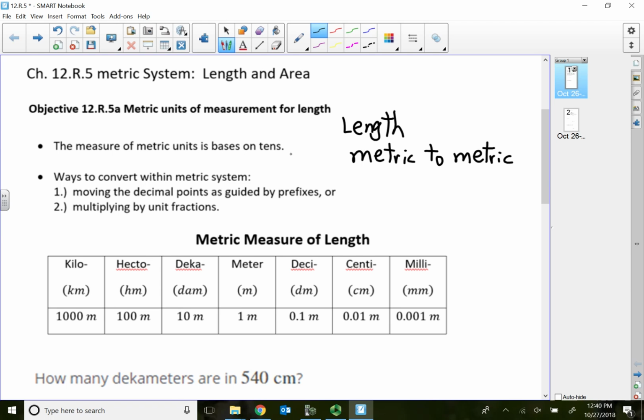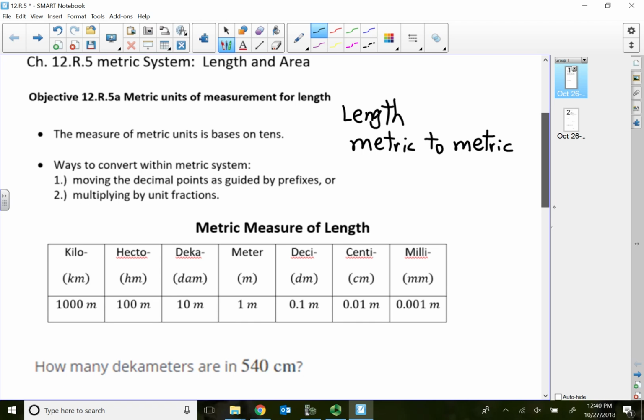The United States is one of the very few countries still using the old English system. The reason why the majority of the world uses metric is because the metric unit is based on tens. It's like our number system. Every unit to the next unit is based on tens at a time.